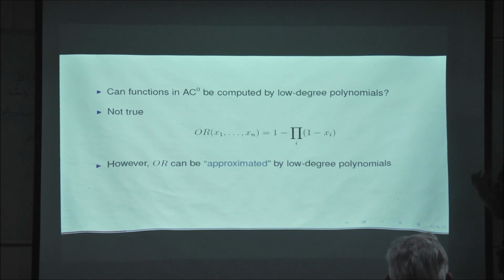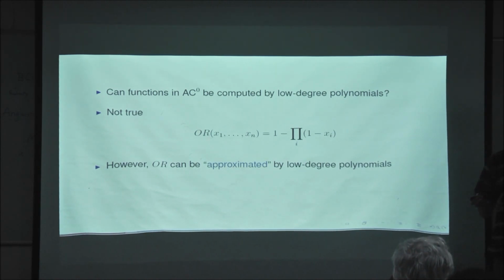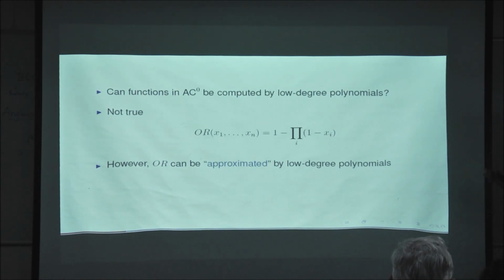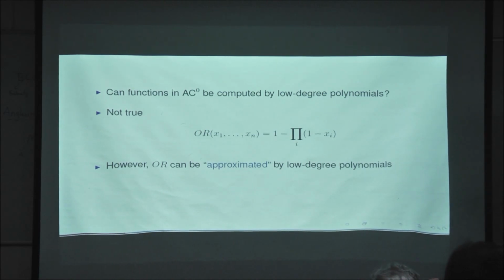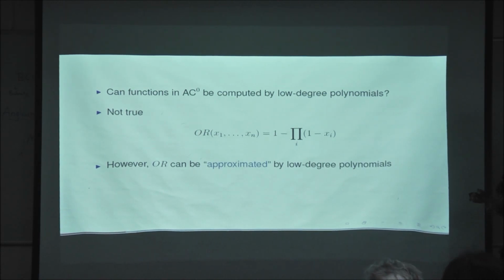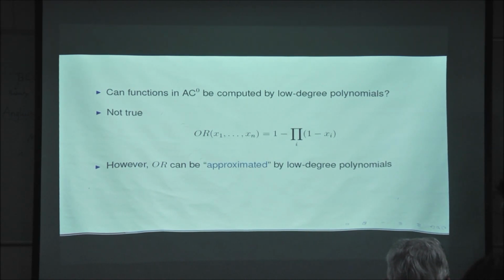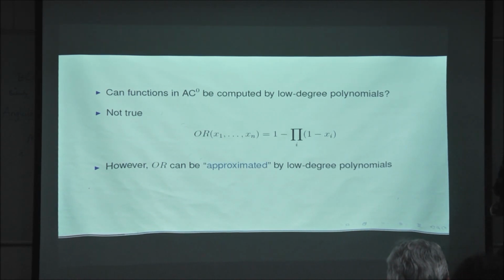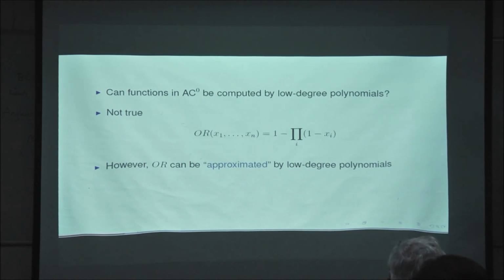But if I allow the polynomial to use randomness, this is the notion in which we're going to approximate Boolean functions. We allow polynomials that use randomness and nevertheless compute your function with high probability. This is the notion of approximation under which OR, AND, etc. have low degree polynomials, but the parity function and the majority function do not have low degree polynomials.